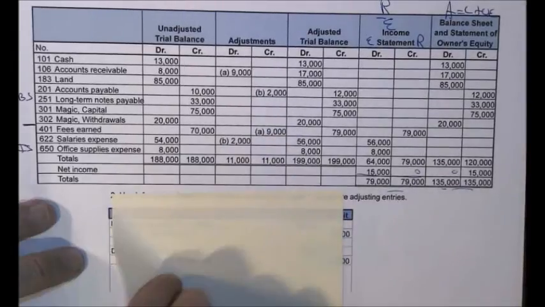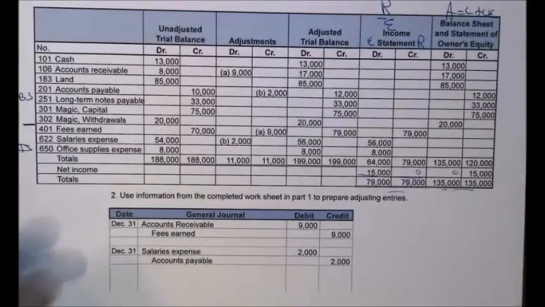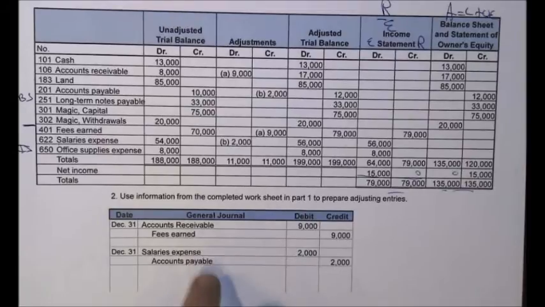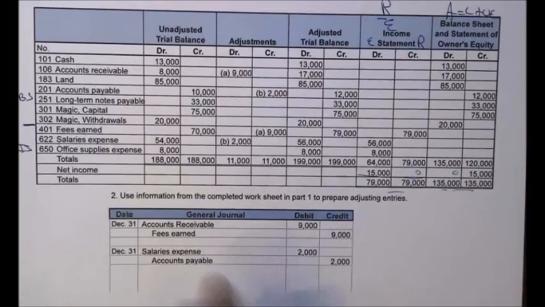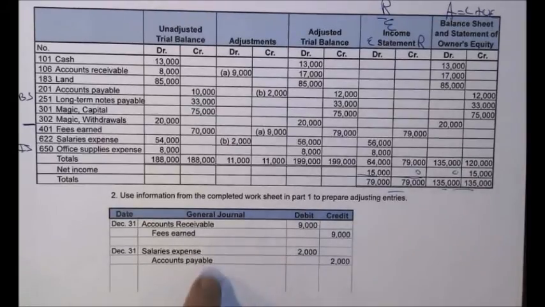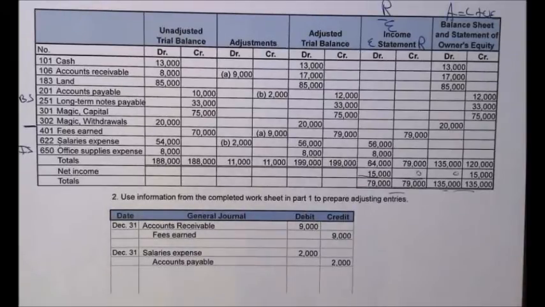Those are adjusting journal entries. Remember, they bring our accounts up to date and match revenue with expenses. So that's what these two adjusting journal entries look like. Remember, we have to put these in our general journal, right? And then we're going to post them to our general ledger, right? So that's what the worksheet is, right? And in the accounting cycle video, we're going to talk about how this fits into the process.